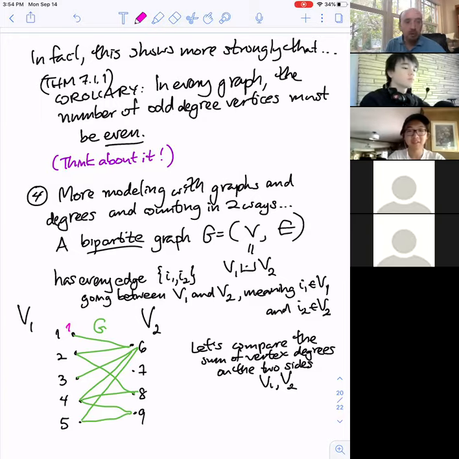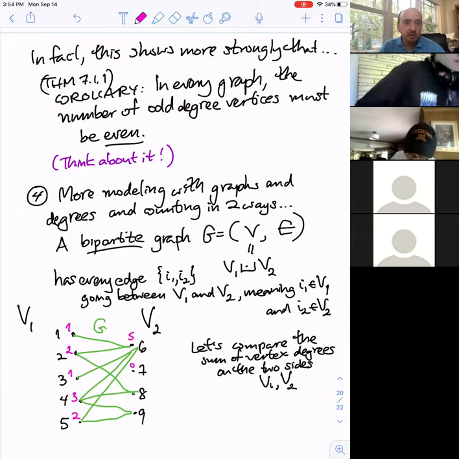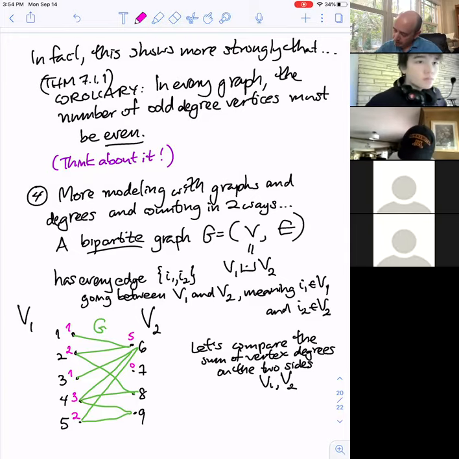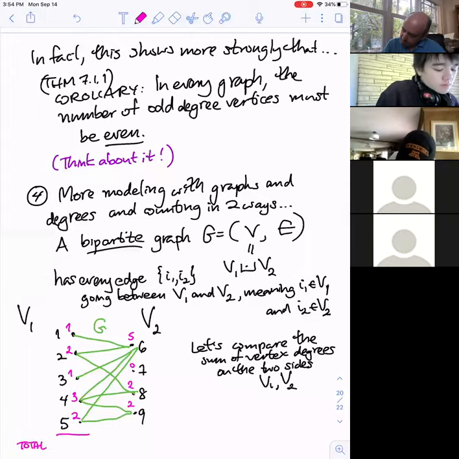Vertex 1 has degree 1, only one edge coming out. 2 has degree 2, 3 has degree 1, 4 has degree 3, and 5 has degree 2. Everybody see that? And vertex 6 has degree 5, very high degree. Vertex 7 has degree 0. That could happen. 7 was an isolated vertex, right? 8 has degree 2, and 9 has degree 2.